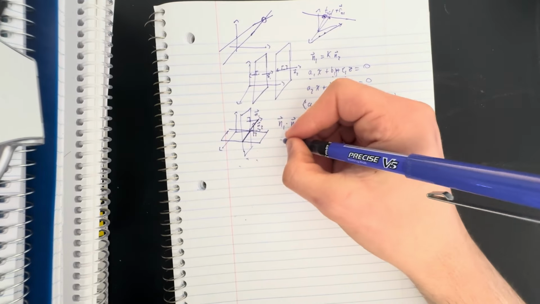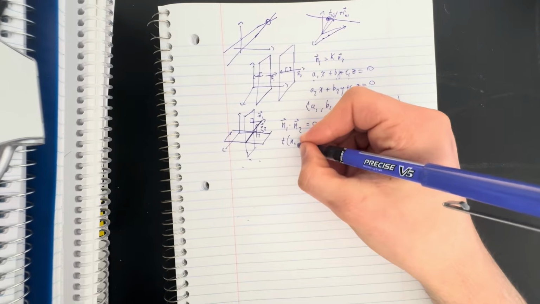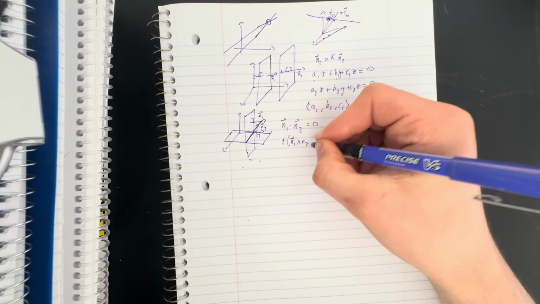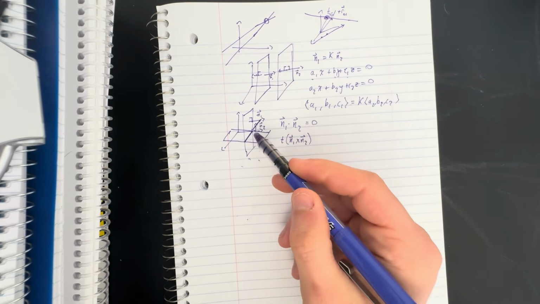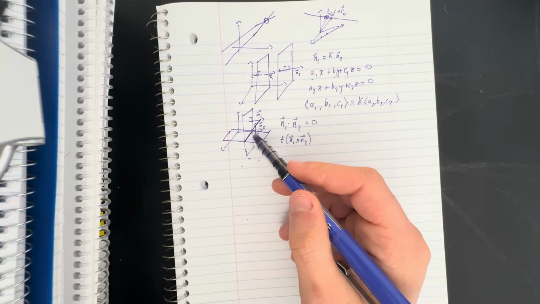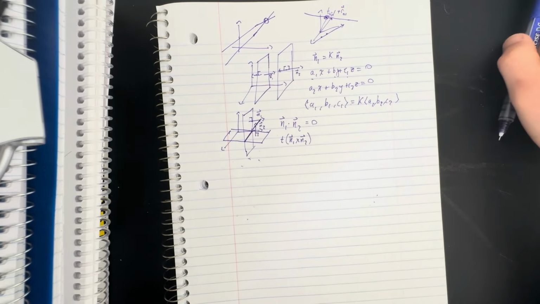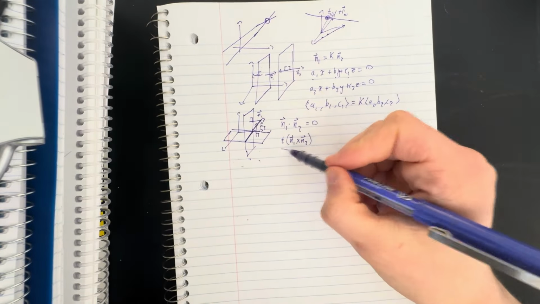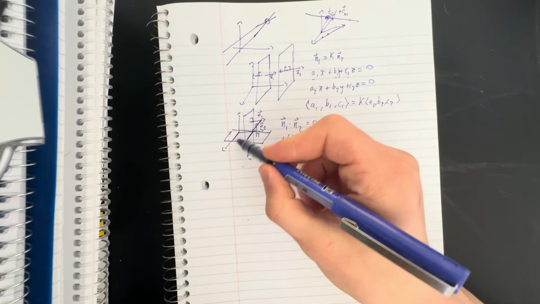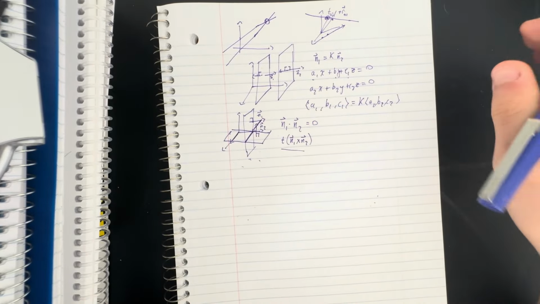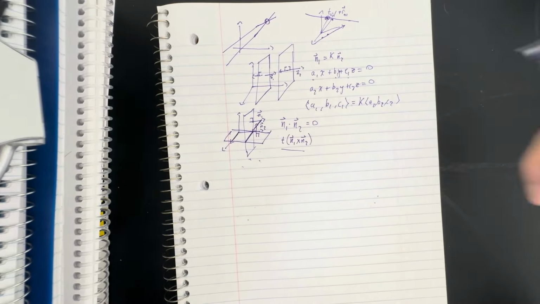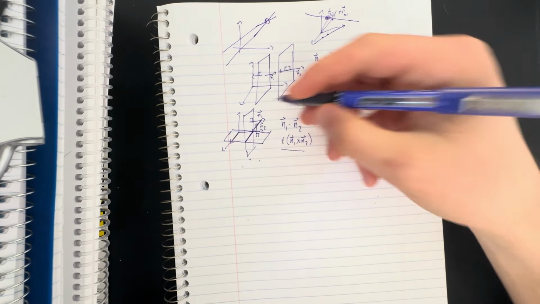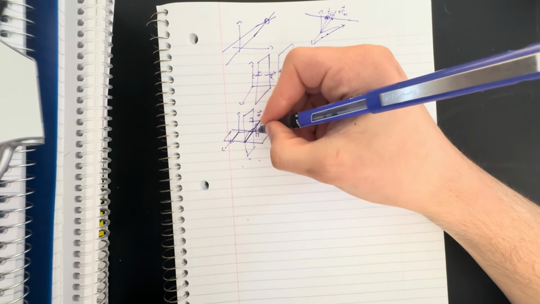And so you just do t times n1 cross n2, and that's going to give you the vector that you're going to be scaling. As for a point, remember this vector is going to be at the origin. He's pointing in the right direction, but he's at the origin. So to get him to be at an actual relevant point, you need to choose a point on this line that they share.